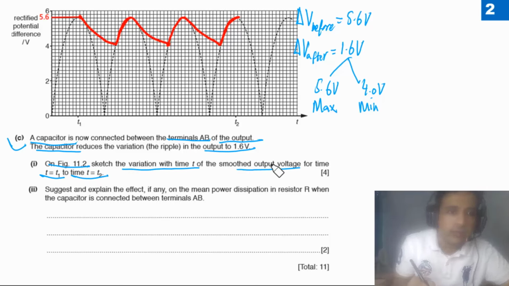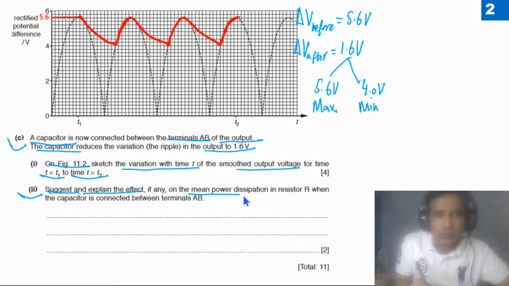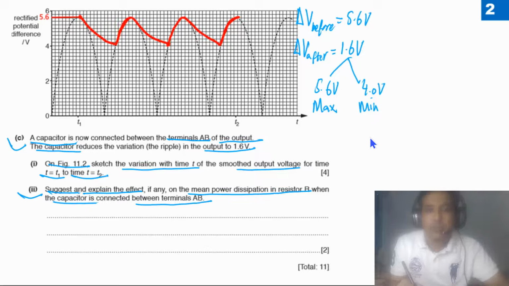Now if you go to the second part, for the second part we need to suggest and explain the effect, if any, on the mean power dissipation in resistor capital R when the capacitor is connected between terminals AB. So the power dissipated is equal to V squared divided by R. In the first case, before, we have the maximum value, we can calculate V average.